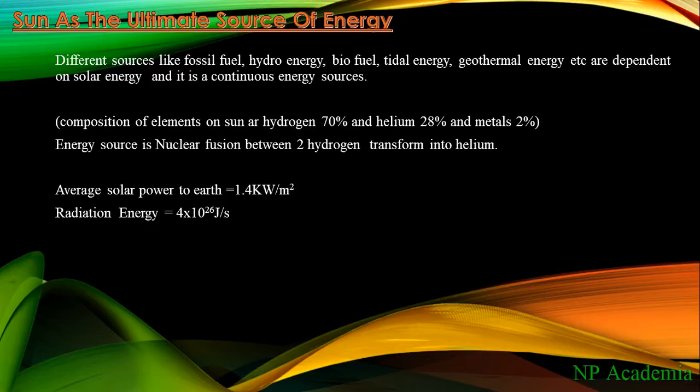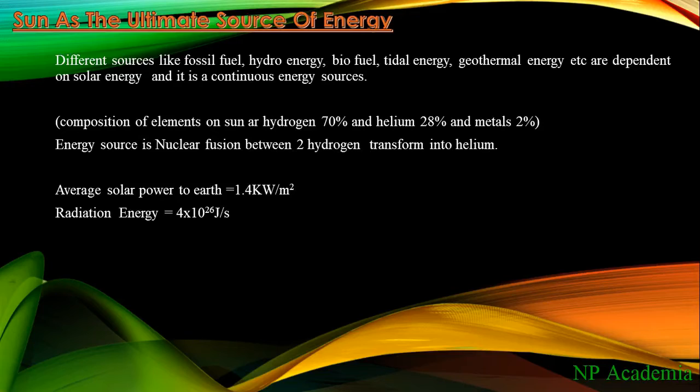Geothermal energy means that without solar radiation, there is no heat on the earth, so we cannot get heat from the inner part of the earth, so there is no possibility of geothermal energy. So all these sources of energy are dependent on solar energy, and solar energy is a continuous source of energy, so it is taken as the ultimate source of energy.